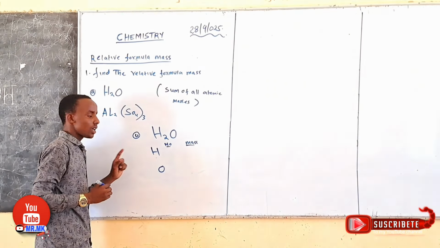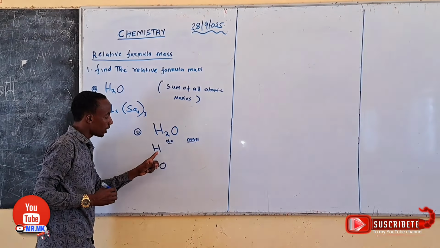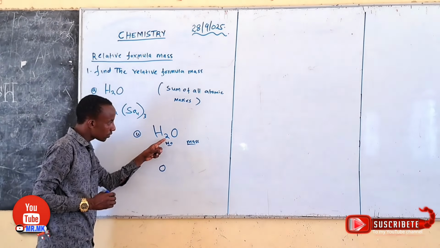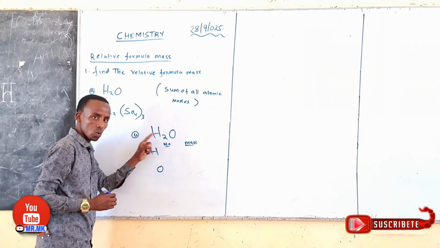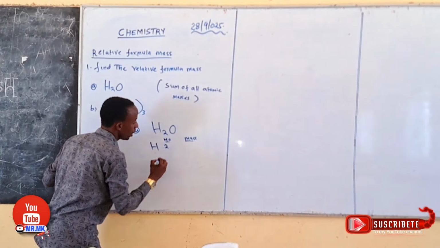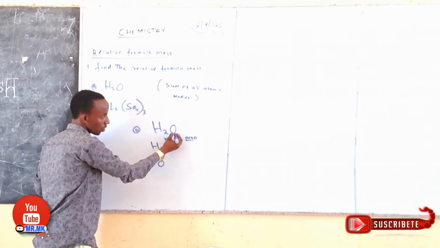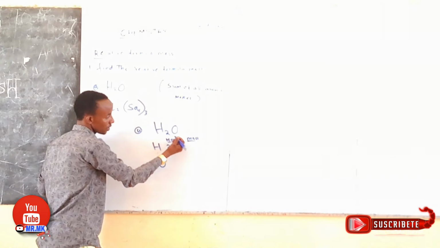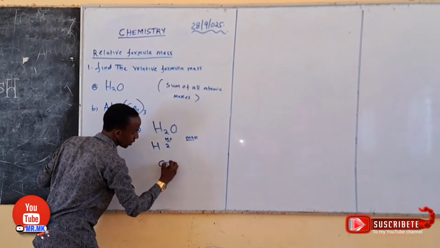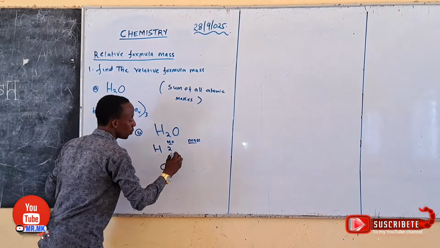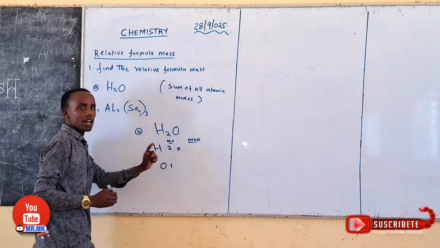The number of hydrogen atoms in water is 2, and the number of oxygen atoms is 1. Now you multiply by the mass of the element.